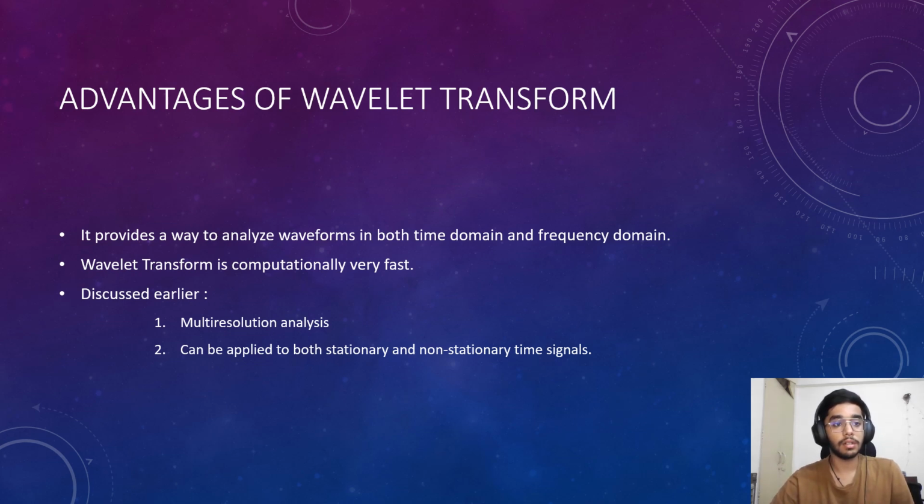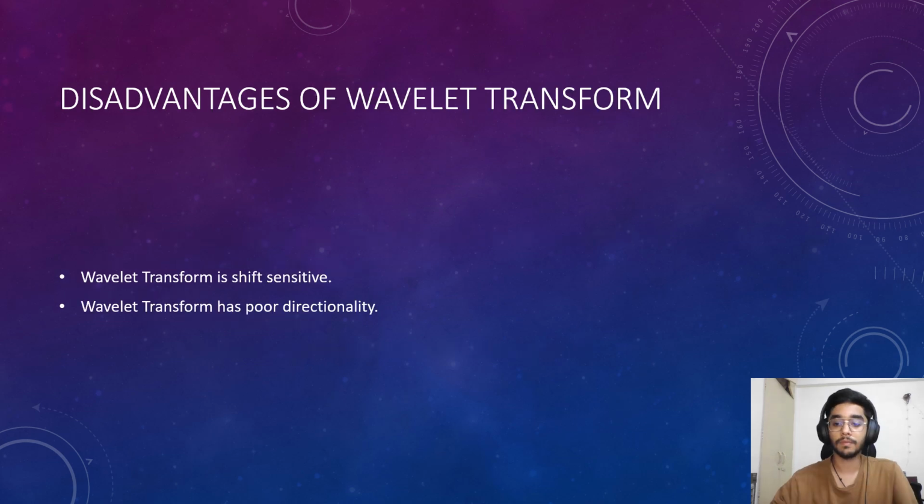Now, let's see a few disadvantages of the wavelet transform. We are going to discuss two disadvantages. First is that wavelet transform is shift sensitive. This means that wavelets lack translational invariance, which actually is a property of Fourier transform.